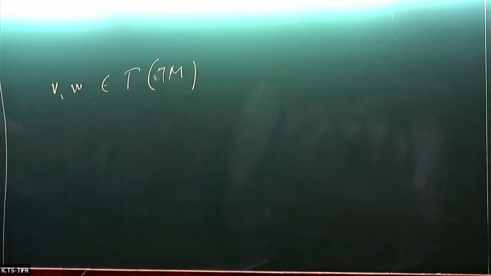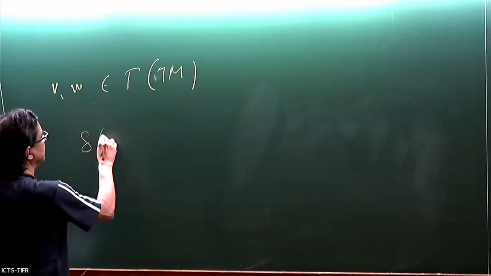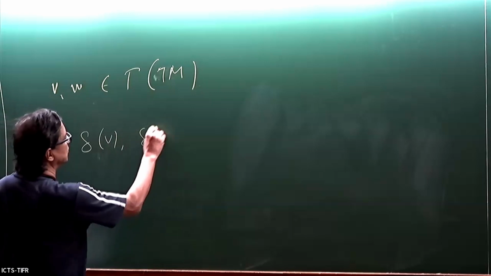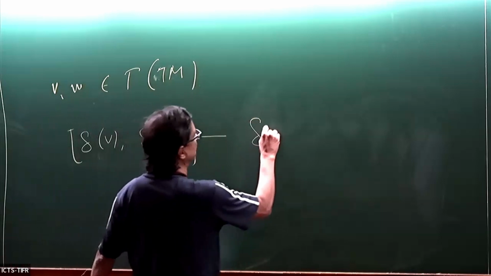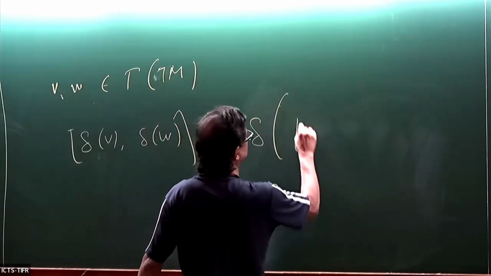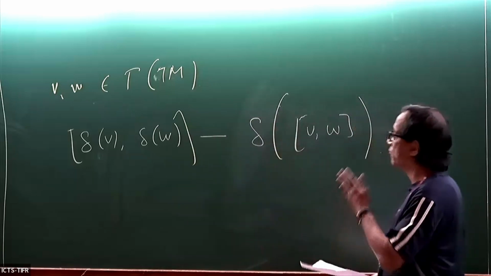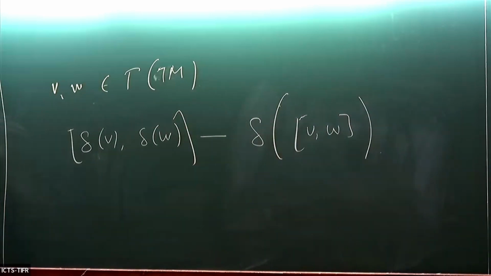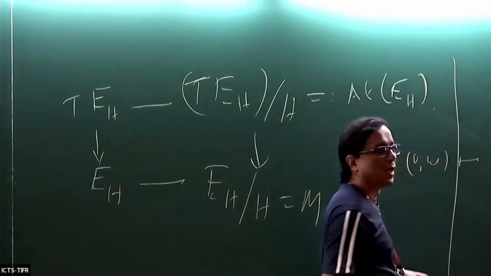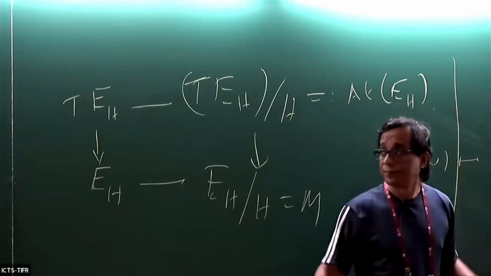Suppose you have a connection like this, delta. So now you can take delta of V, delta of W, Lie bracket. Now subtract delta of the Lie bracket of V, W.